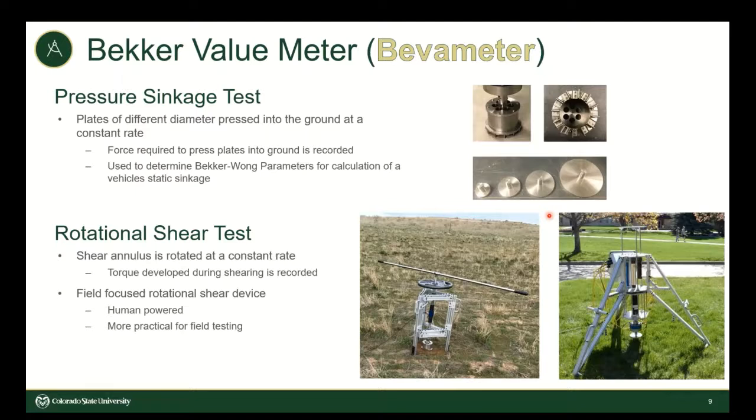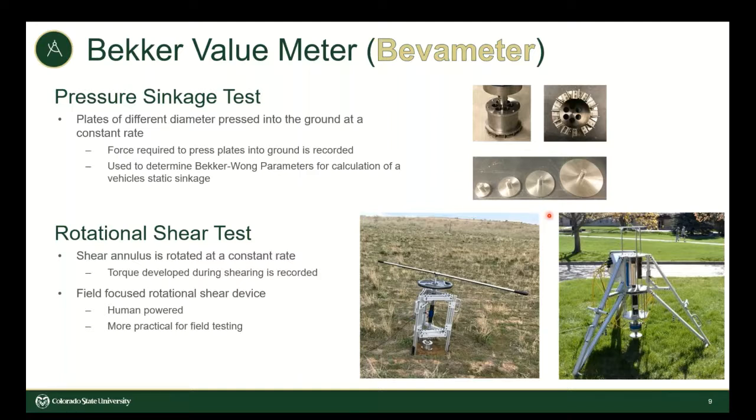So the bevameter, or Bekker Value Meter, aims to more accurately represent the stresses that the soils are feeling in representation of vehicle stresses. The bevameter conducts two tests, which are the pressure sinkage test and the rotational shear test.